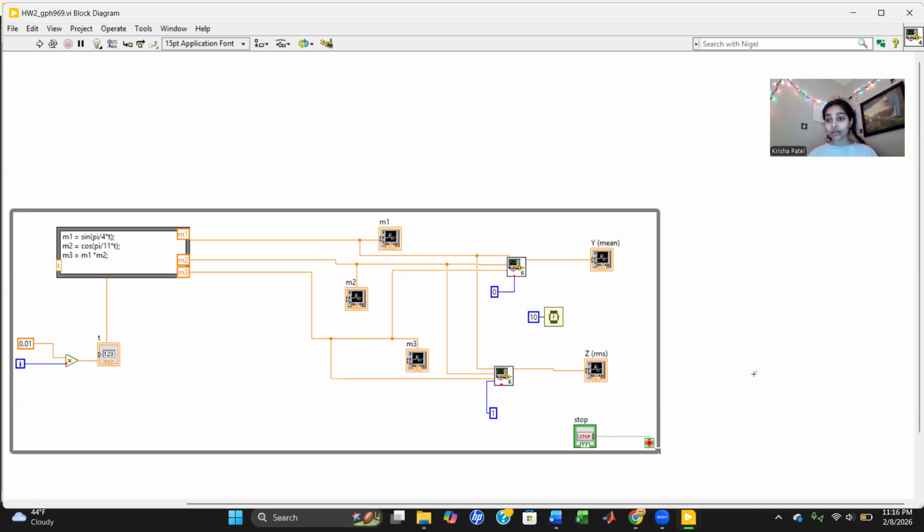M1, M2, and M3 are directly fed into graph generators, and then it looks a little messy, but bear with me.